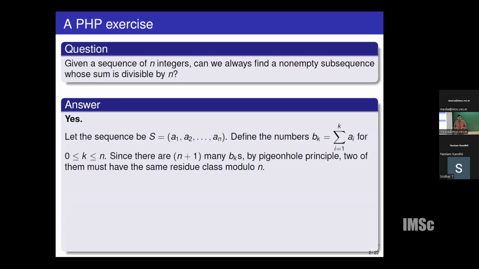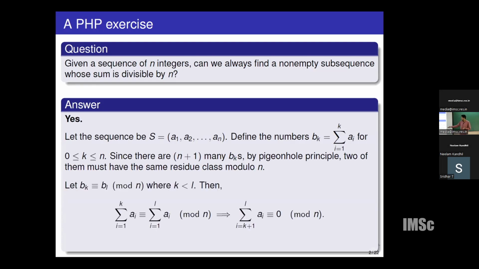So by the pigeonhole principle, two of them must lie in the same residue class, right? And if they are B_k and B_l, then the sums up to k and up to l are both the same modulo n. So their difference will be divisible by n. So if we take the sequence in between, that will be a subsequence of S whose sum is divisible by n, right? So this is a fairly simple exercise, but this shows us a property about the group Z mod nZ.